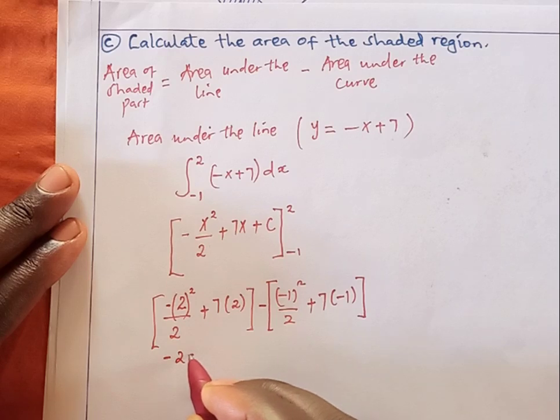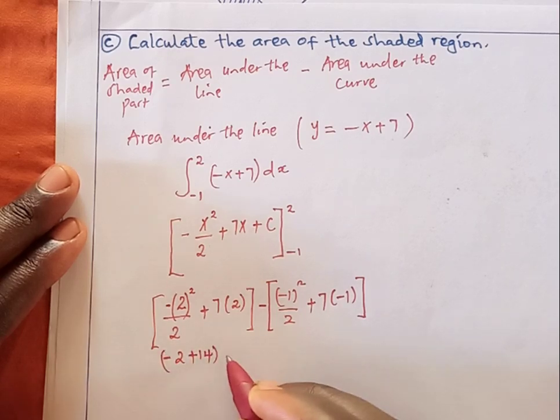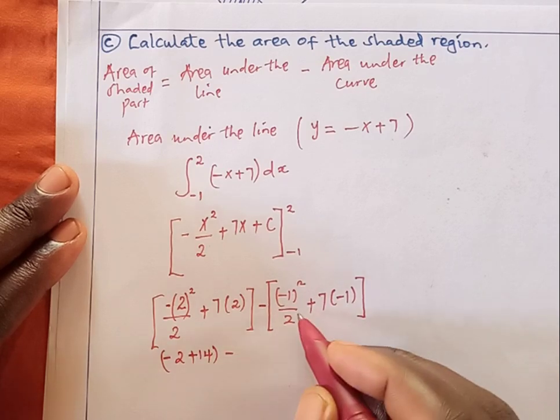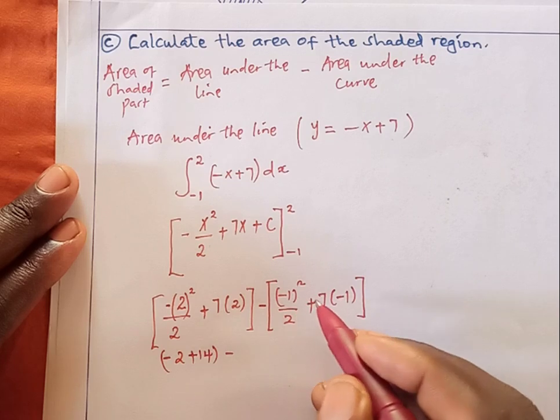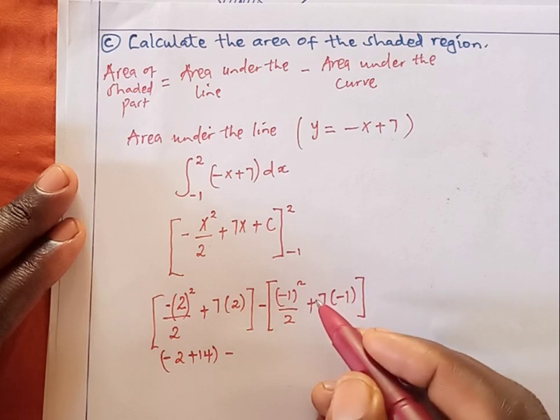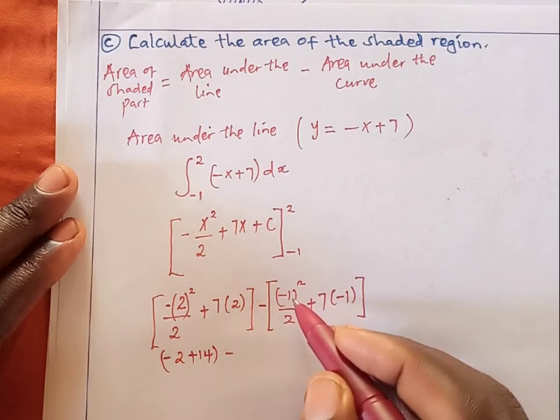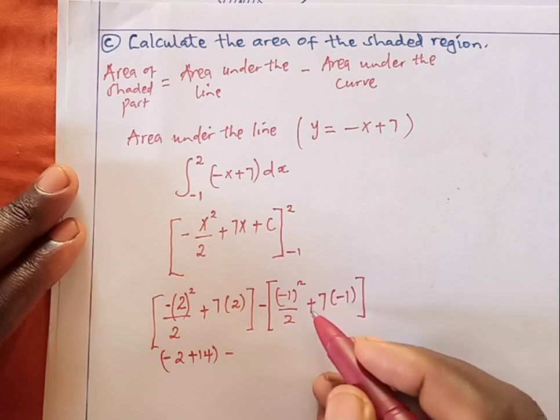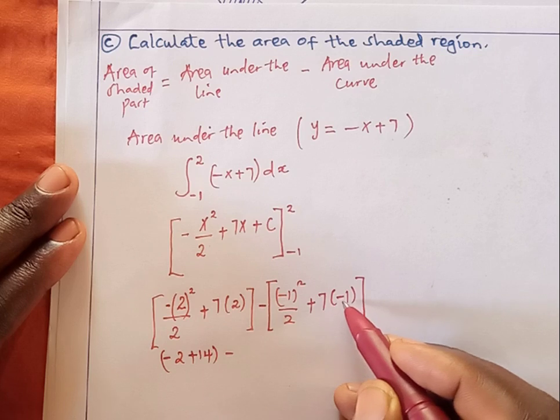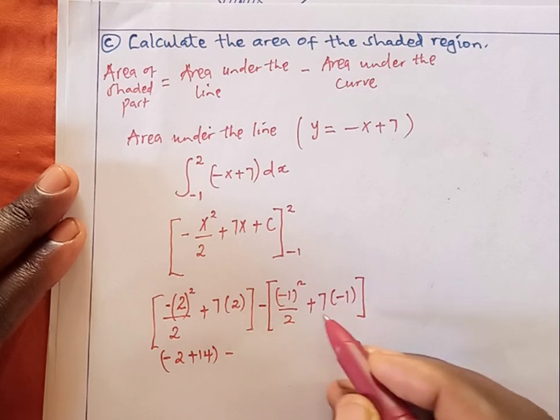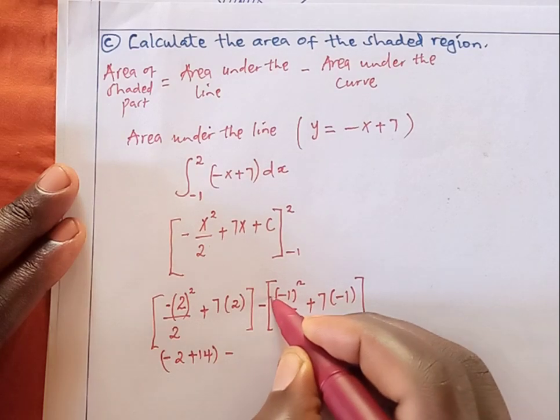Then plus 14. Then you take away: this is going to be a half, then a half plus minus 7, a half minus 7, but we had a negative outside the bracket.